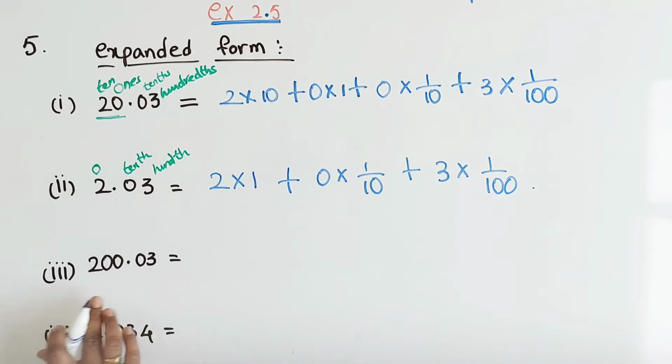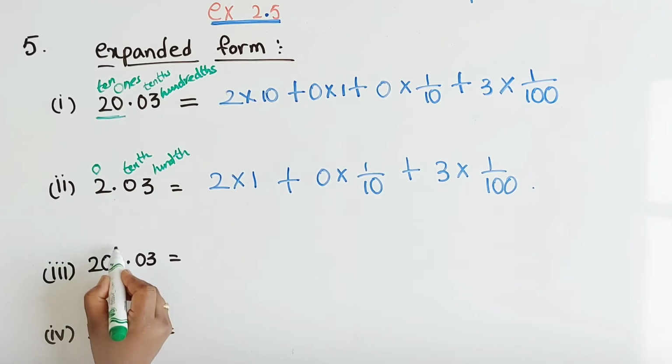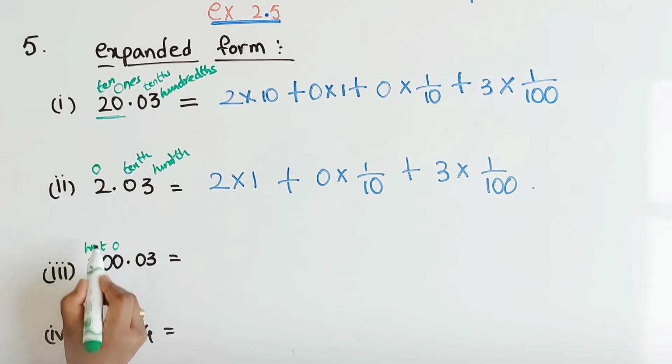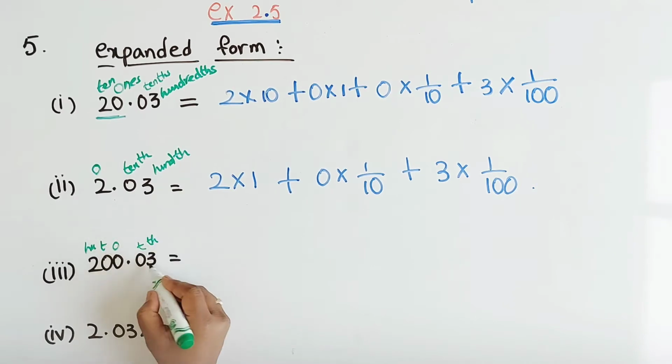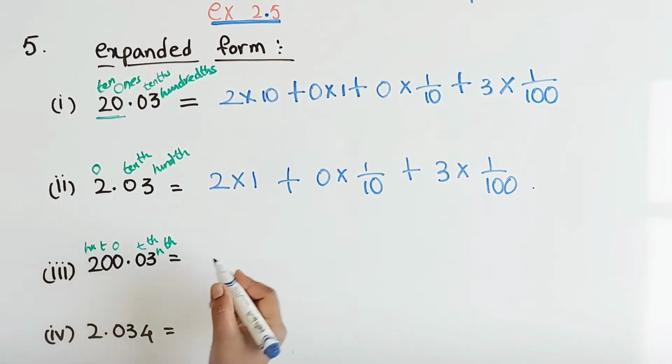Now third question, 200.03. First we'll write the place values. See here, 0 ones place, tens place, next hundreds place. Correct, children? Now after the decimal point this is tenths place and this is hundredths place. Now we'll write the expanded form for this number. 2 in hundreds place.